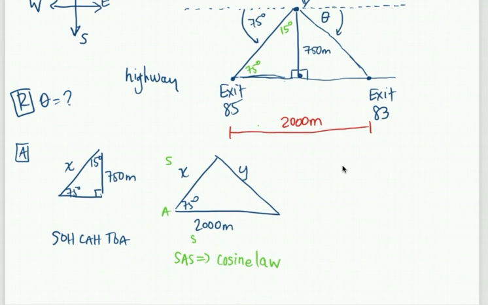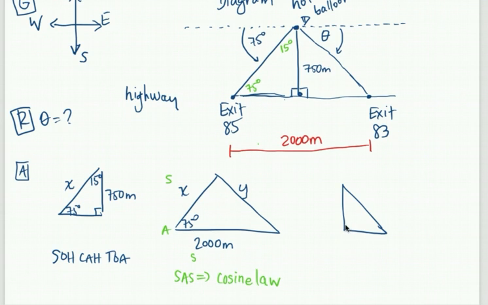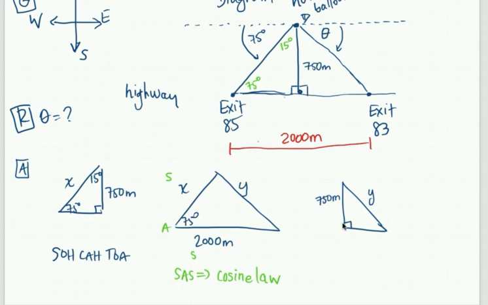If we look at just that little right triangle on the side, what do we have? We know that this is 750 meters this way. We will go through and solve it and figure out this side here, which is going to be side y. That's all we know; we don't know any of the angles inside of this little triangle.